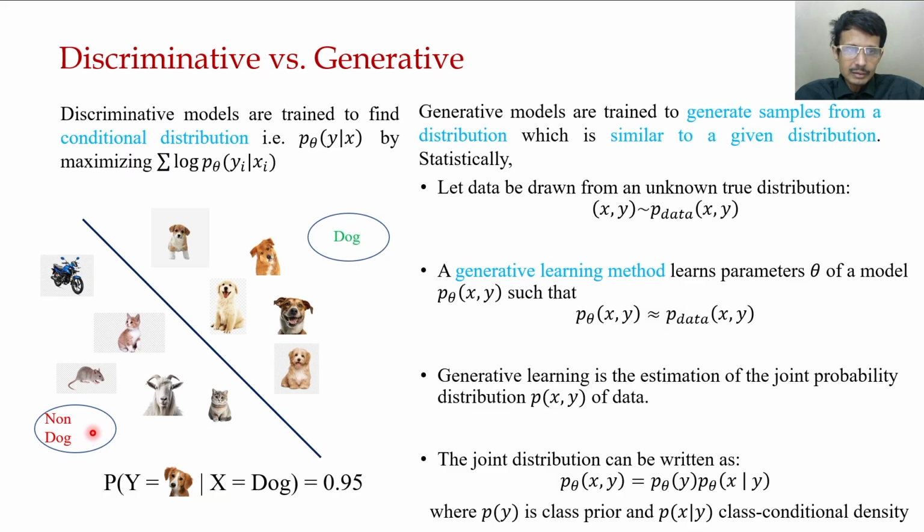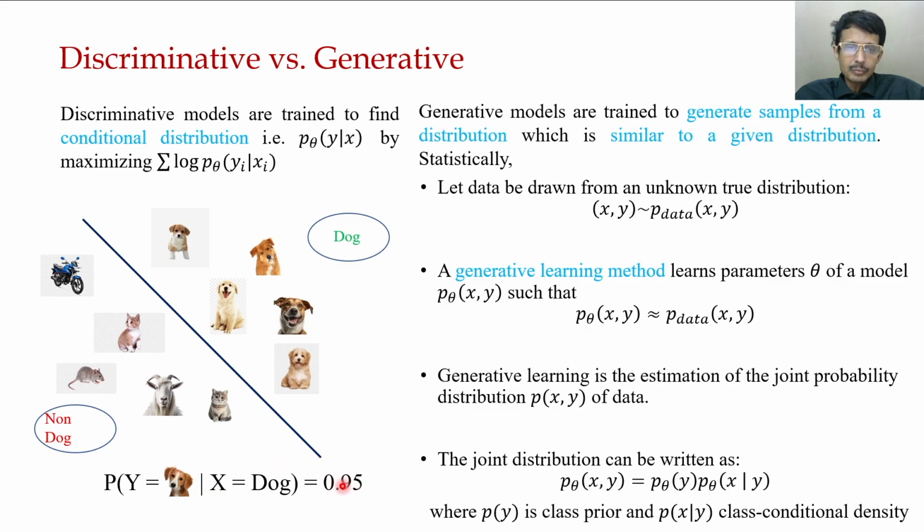So what does this mean? We want to find this decision boundary that separates the dog and non-dogs. An interesting situation: given x is the dog, what is the probability of y for this image?